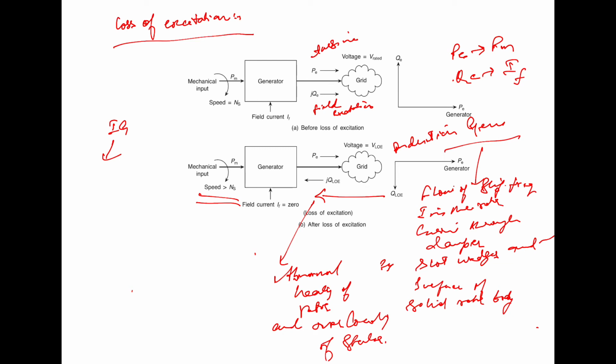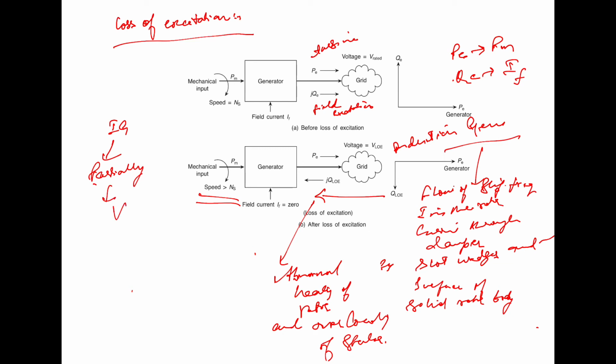However, if the grid is able to meet the reactive power demand only partially, then it would be reflected by a fall in the generator terminal voltage.